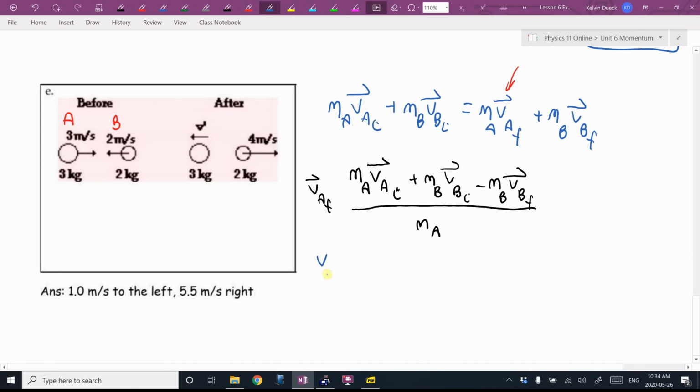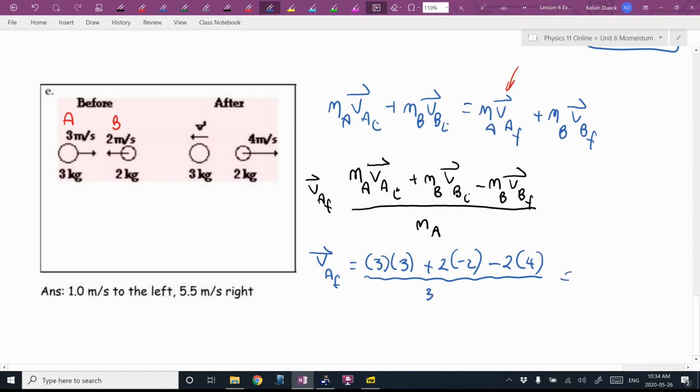Let's find out. Mass A, 3 times 3, plus mass B, 2 times negative 2, minus mass B, 2, positive 4, because the 4 meters per second is definitely to the right, divided by 3.